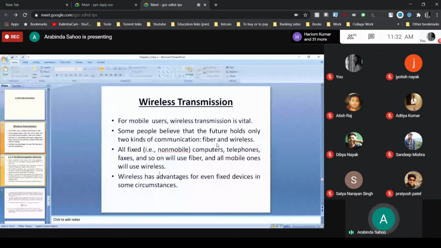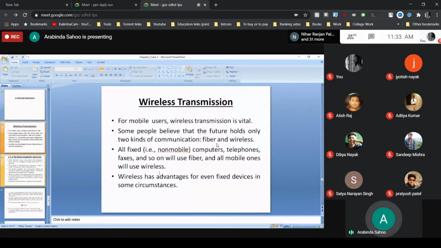Suppose there are two buildings associated with the same office, same company or different organizations, and there is a hill, or a river, or some other physical constraint that makes it not possible to interconnect them. In this case wireless transmission plays an important role to interconnect them.